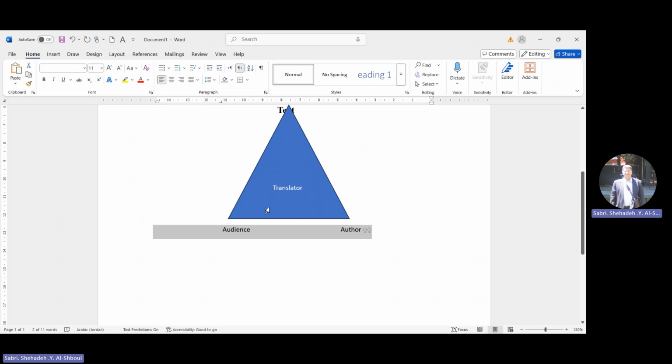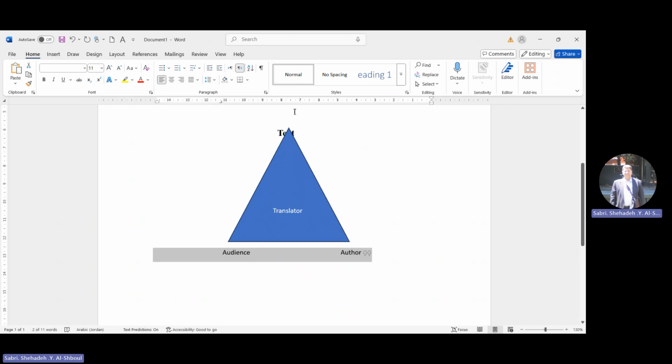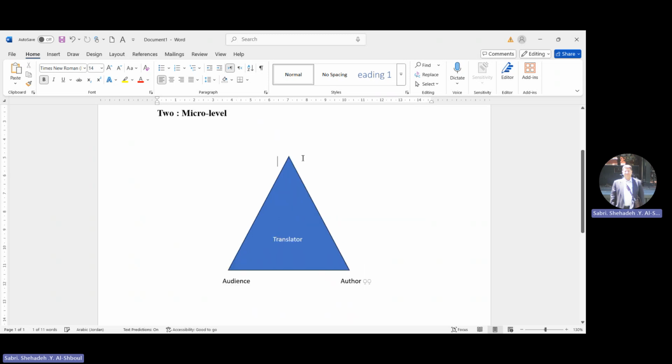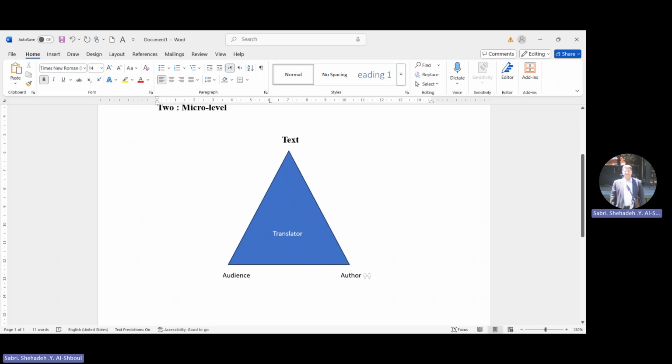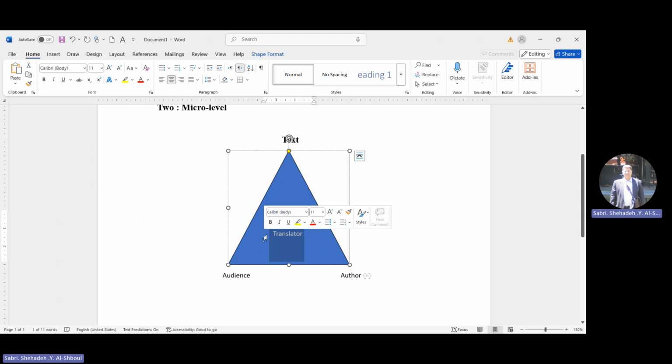Then we have the text, we have the audience. Here we have a text, and here we have the audience, and we have the author, and here in the middle we have the so-called translator.